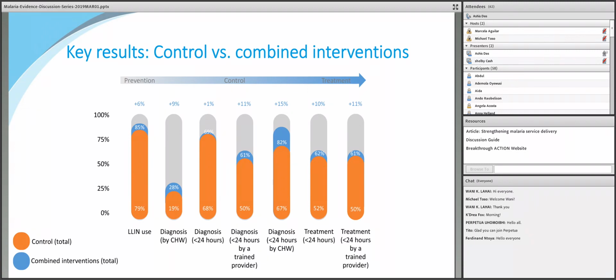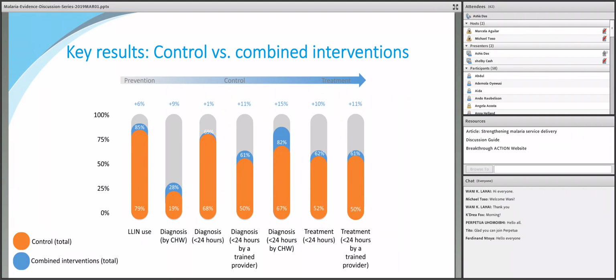Similarly, for diagnosis by a community health worker, we see 9 percentage points. For diagnosis, which we call prompt diagnosis within 24 hours of onset of fever, it's marginally higher, 1 percentage point. For diagnosis by a trained provider, it's 11 percentage points.